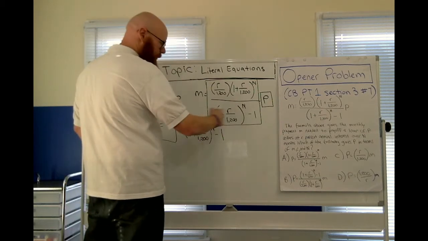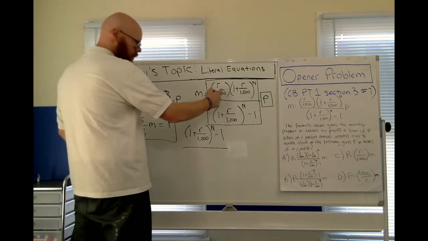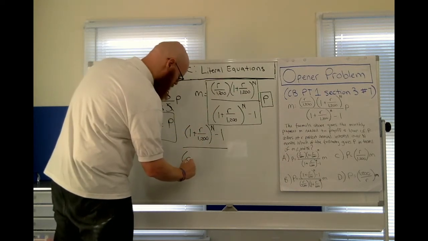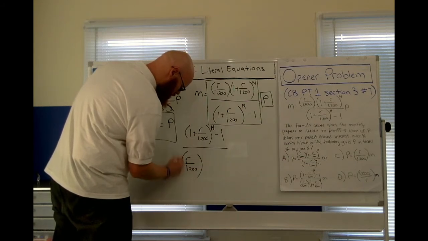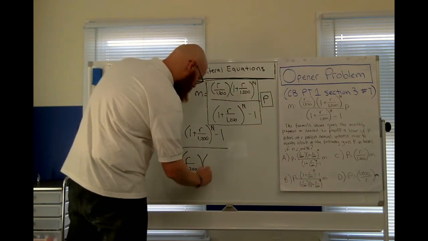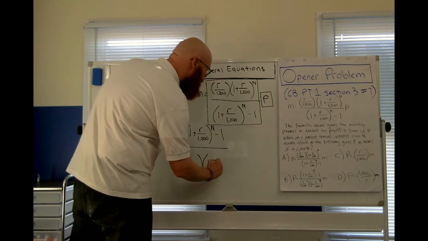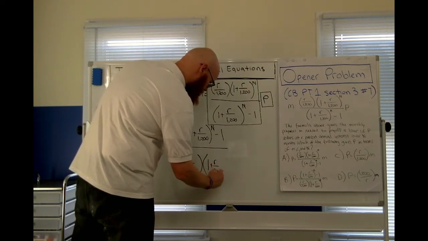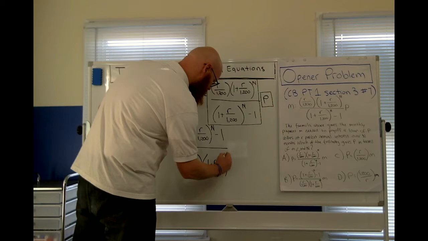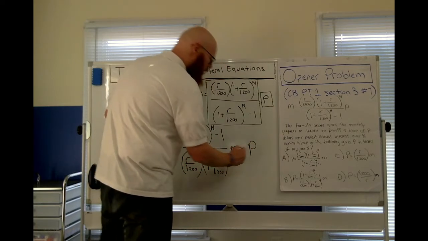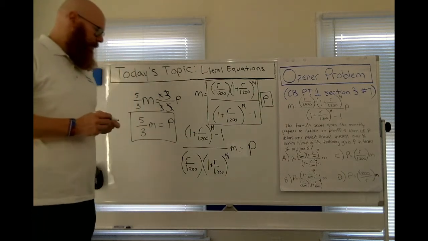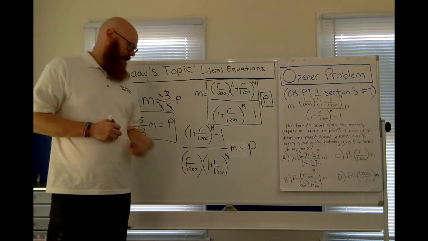So this is the denominator of the other side over the numerator of the other side, and that is all times m, and that equals p. So now I have p by itself, and I'm just illustrating exactly what we need to do.